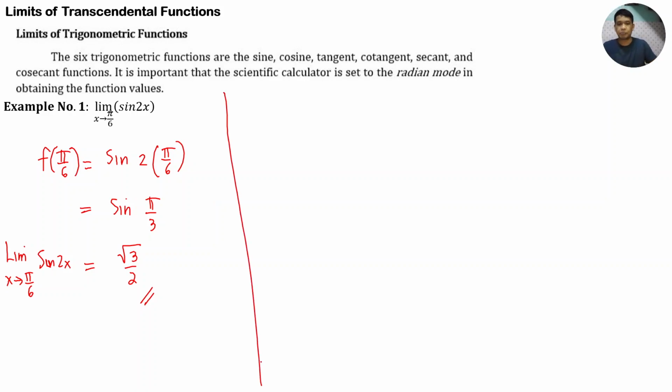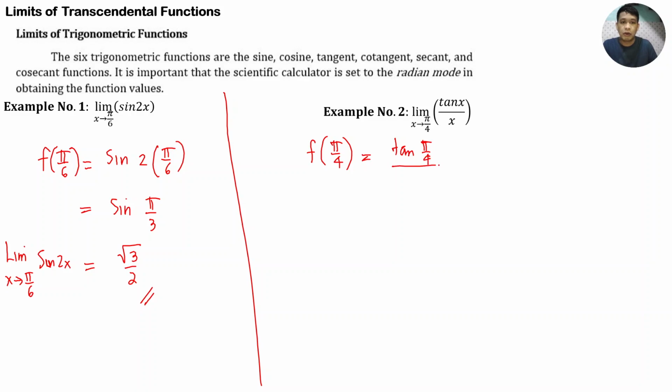Then what if I have here limit of tangent x all over x as x approaches pi over 4? So, since pi over 4 is part of the domain ng tangent x, so we can use function value. So, we have f of pi over 4 is equal to tangent pi over 4 all over pi over 4.